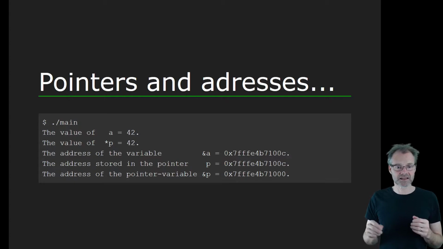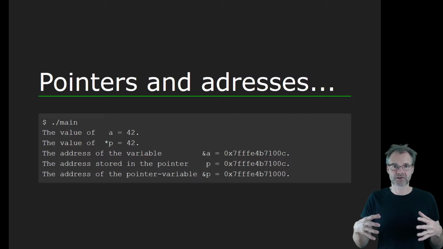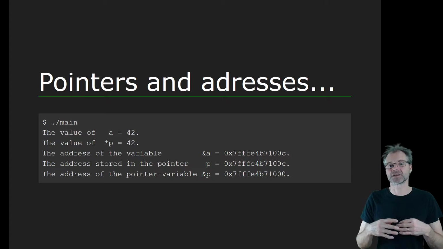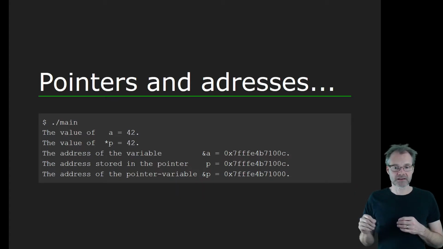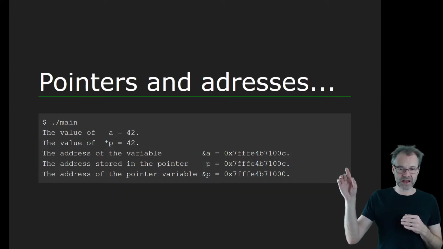There I see that A has the value 42 and *p also has the value 42, because they are referencing the same memory section. Then I see that the ampersand A references that specific memory, and that is the same memory that the p pointer is accessing.